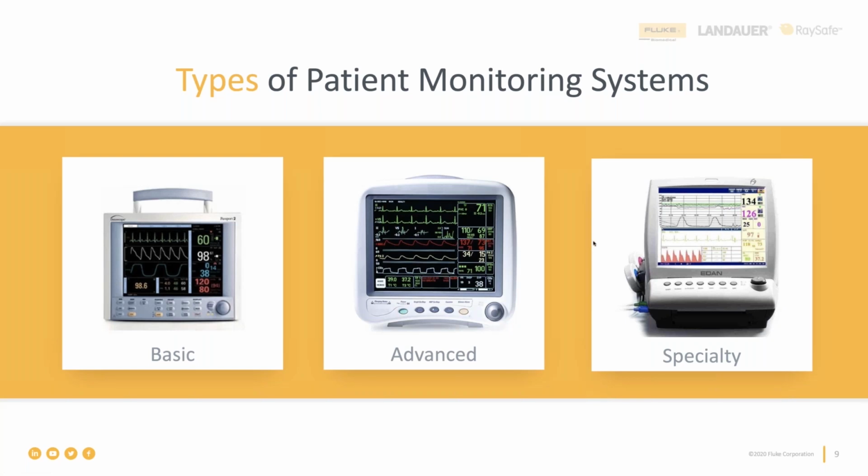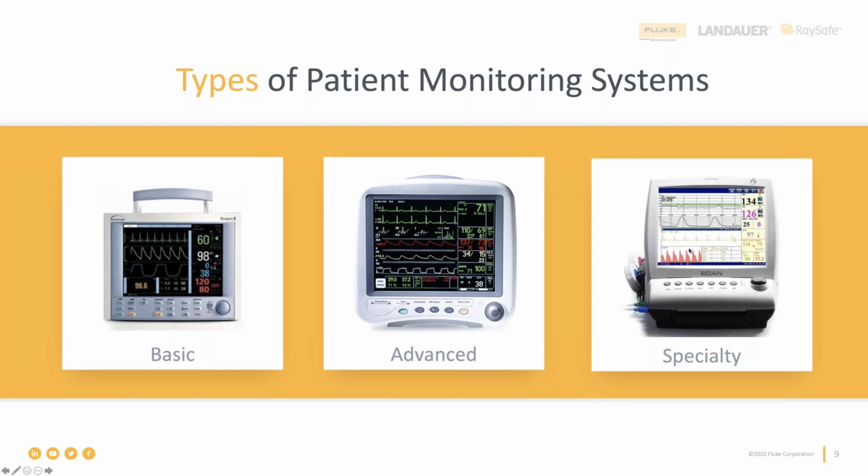The second bucket is the critical care monitor. These monitors are used in the intensive care unit, the ICU, to treat patients with more deteriorated conditions. Patients that are in a weaker condition typically need more parameters to be measured. So in addition to everything in the first bucket, you might also see cardiac output, or CO, being measured.